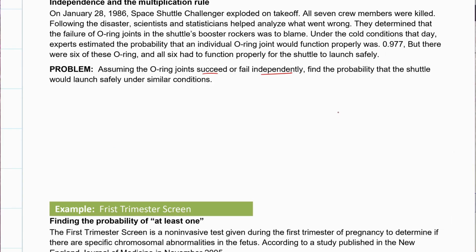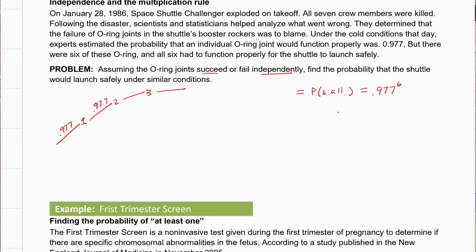All right. So the probability can be thought of as a 97.7% that the first O-ring did fine, and another 97.7% that the second O-ring went fine. And you can see that I would just get a chain of these. And when I finally got to here, the probability of all six doing fine ends up being 0.977 to the sixth power.